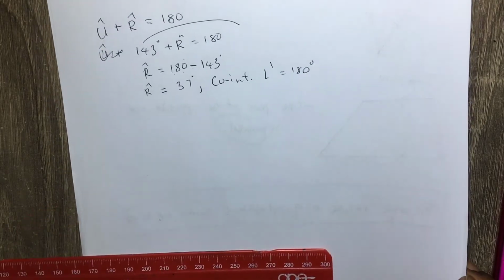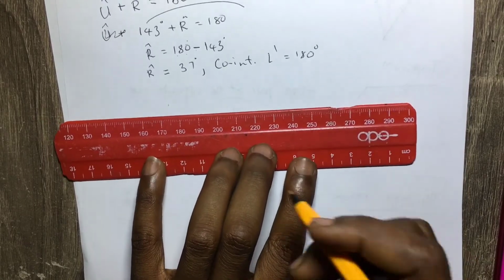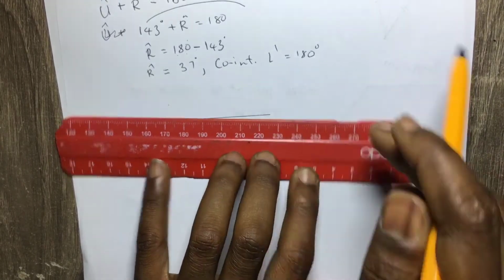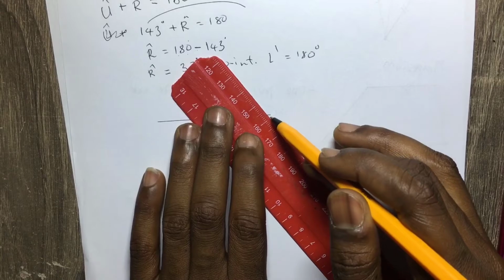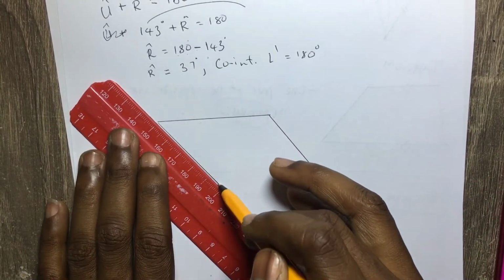Now let's do this interesting question. They tell us that this shape is a rhombus. So let me try to draw it.